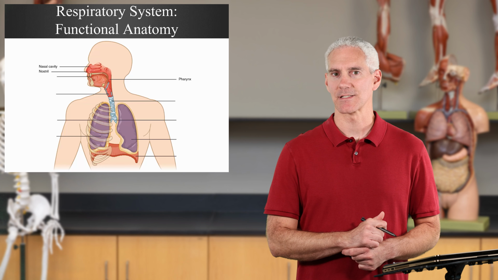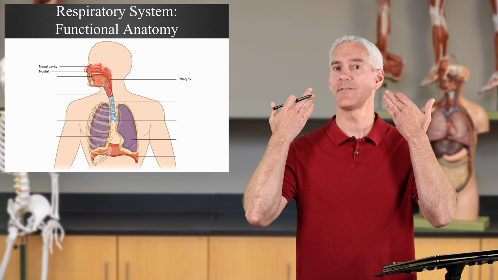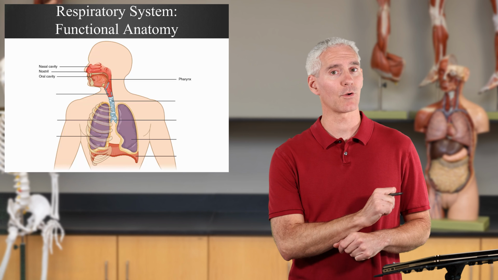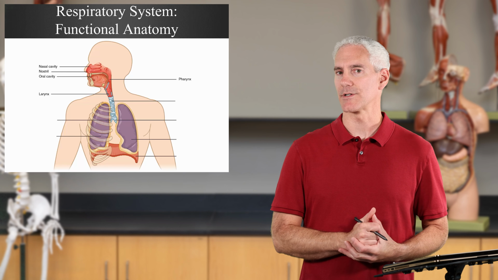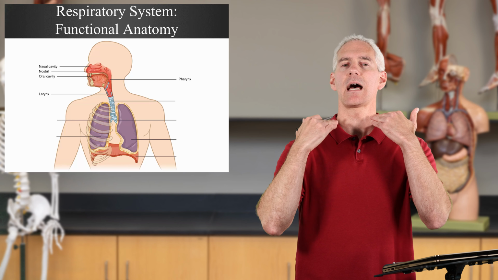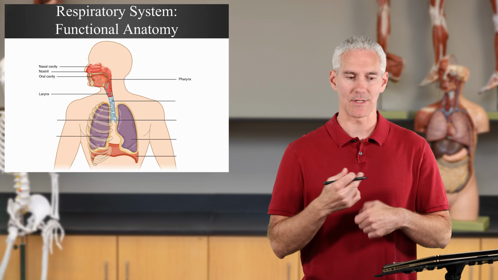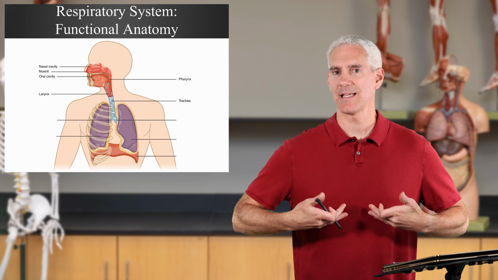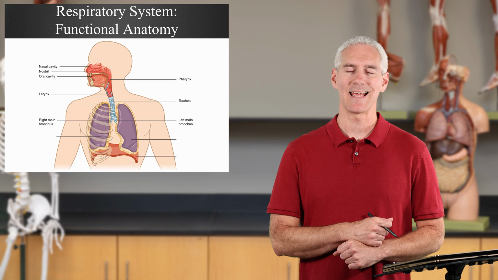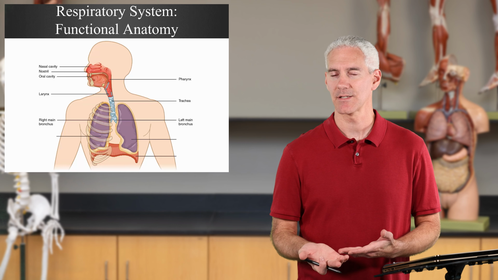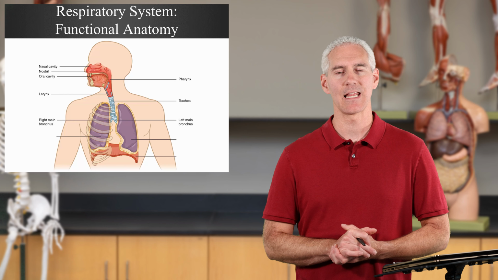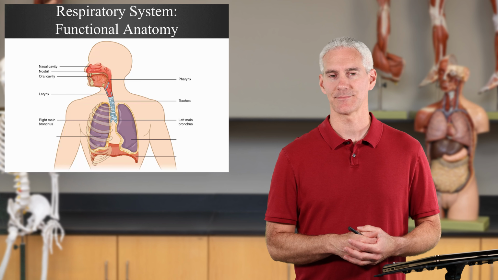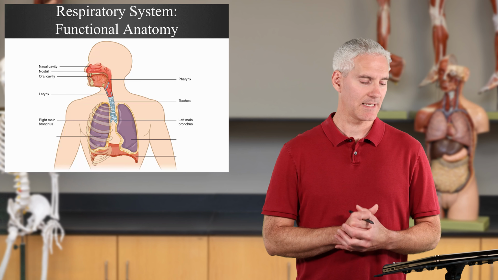So you get down to the pharynx, the back of the nose, nasal cavity, heading down towards the lungs. We mentioned the mouth, the oral cavity, heading down to the larynx. The larynx is just the top part of where you're heading down into the trachea. The trachea then goes all the way down and you split into two: a right and left main bronchus, also known as the right and left primary bronchus, or plural, bronchi.